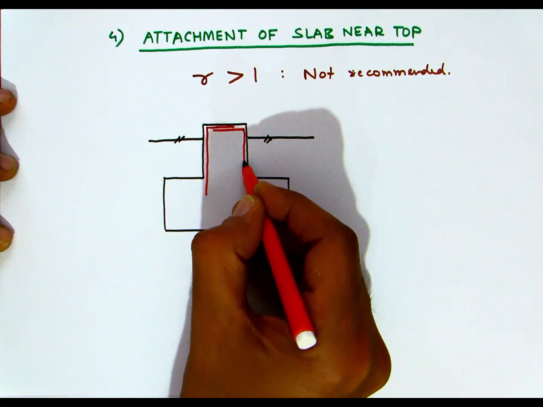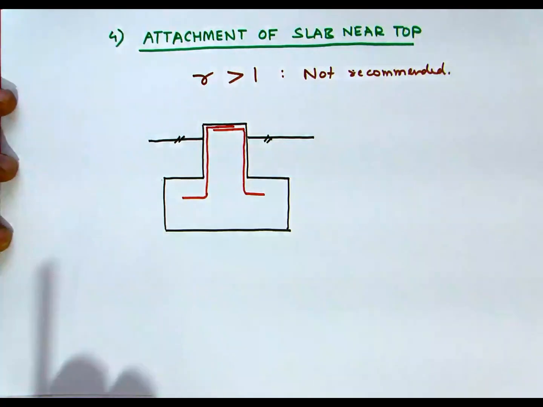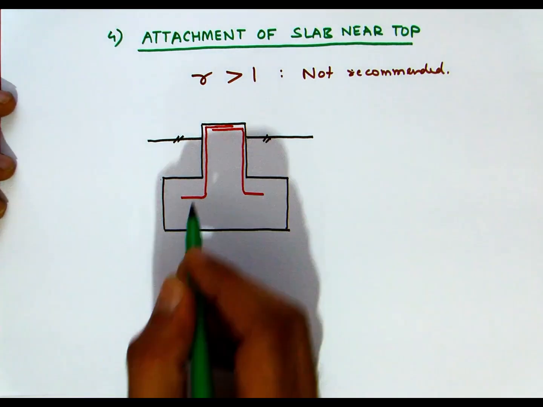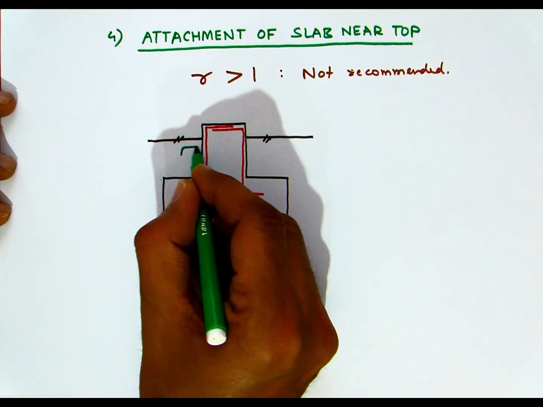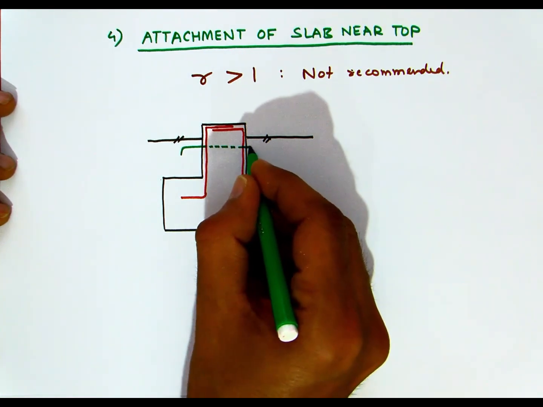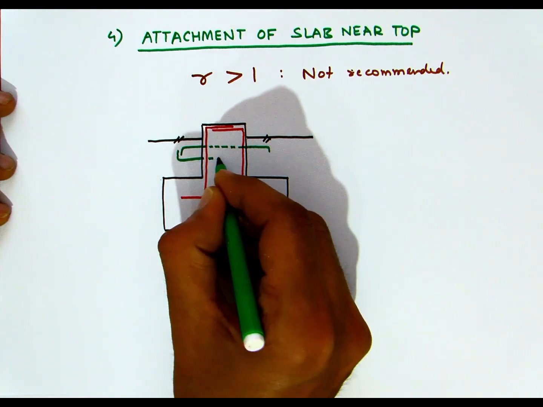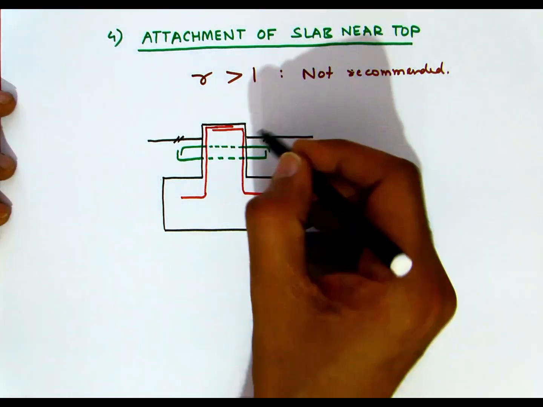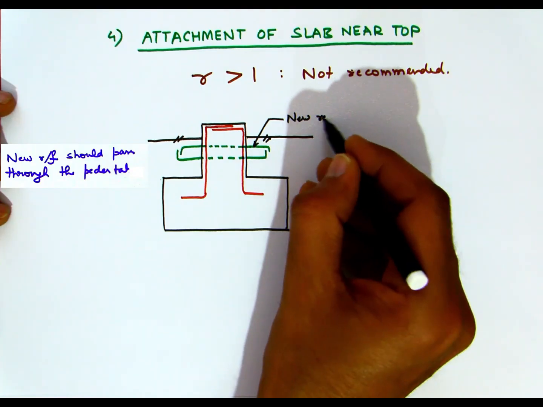The reinforcement in the pedestal is marked here. So this procedure basically requires excavation till the pedestal level and fixing new reinforcement for the new slab, and for this purpose preferably the reinforcement must pass through the pedestal.